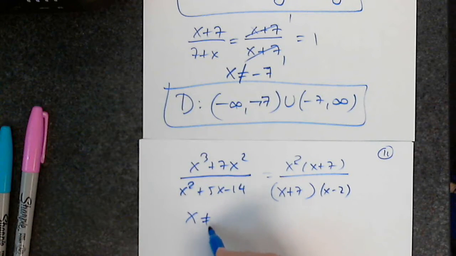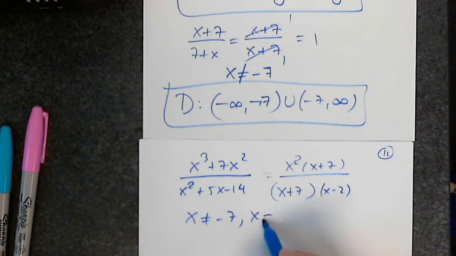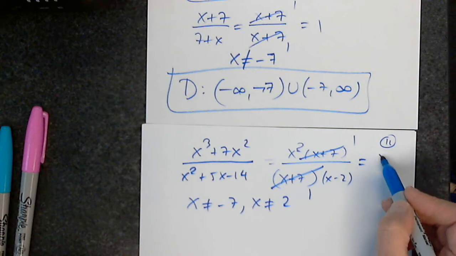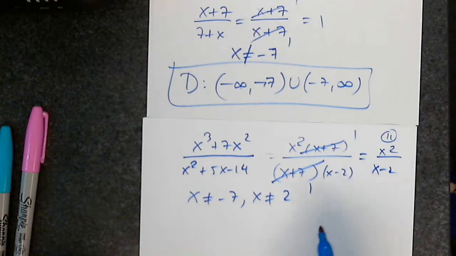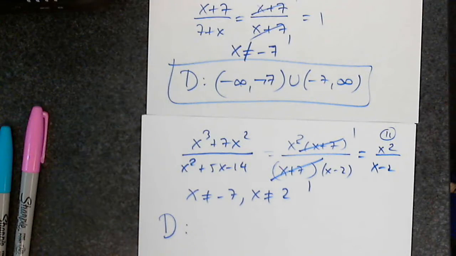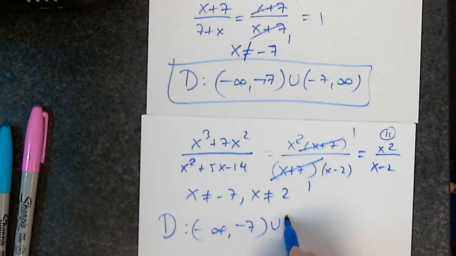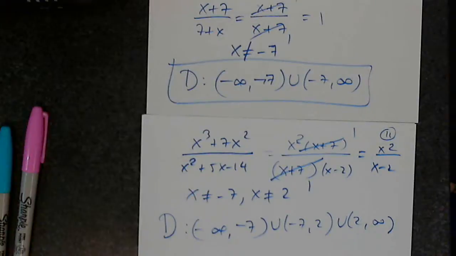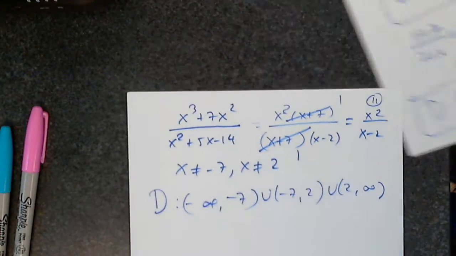I will write two restrictions, not -7 and not 2. Only then I am allowed to simplify, and then I write x squared over x minus 2. But when I write the domain, I have -∞ to -7, union -7 to 2, union 2 to infinity. In plain English, anything but -7 and 2.